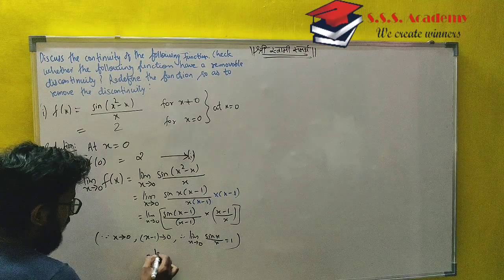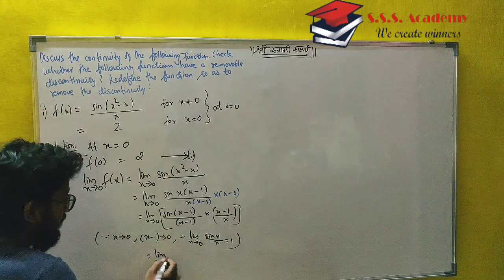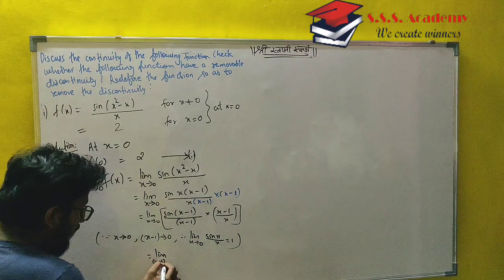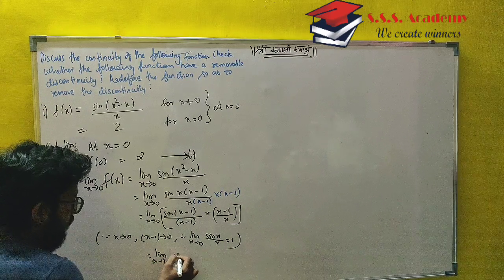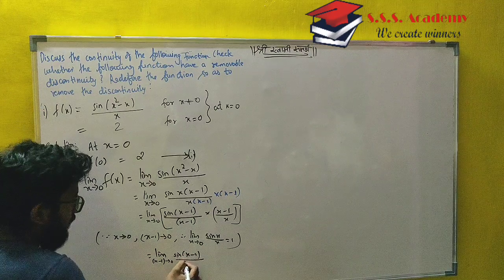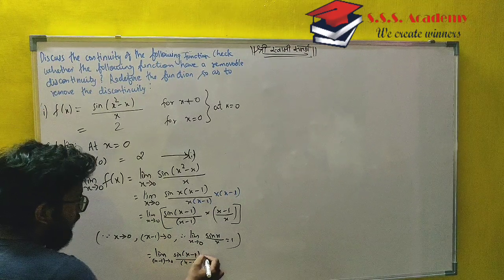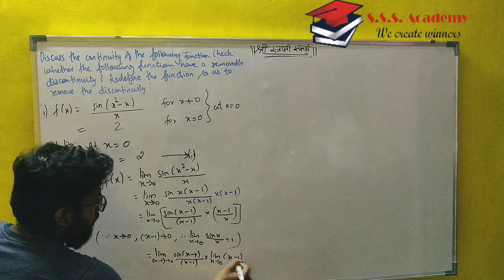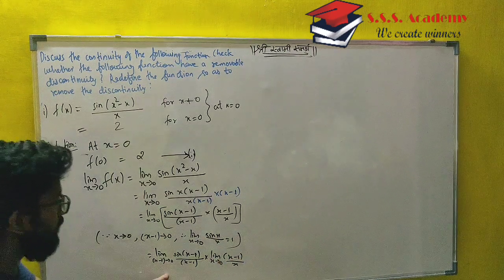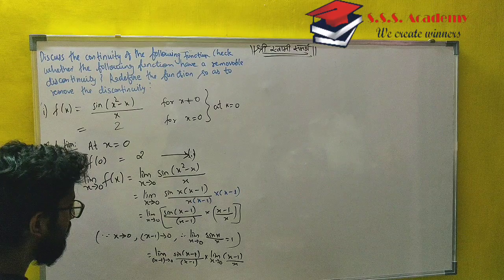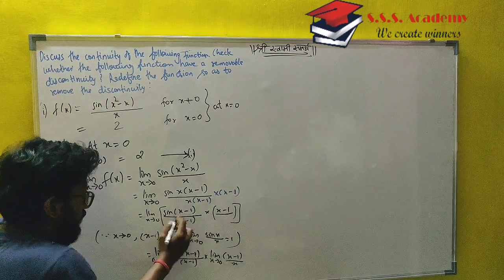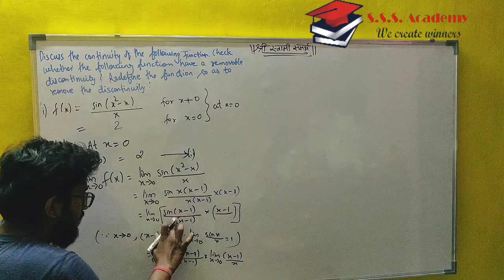So we will get limit, instead of x tends to 0, this will be x minus 1 tends to 0, of sine of (x minus 1) upon (x minus 1), and over here limit x tends to 0 of x minus 1 upon x. We cannot split this x away, I made a mistake.